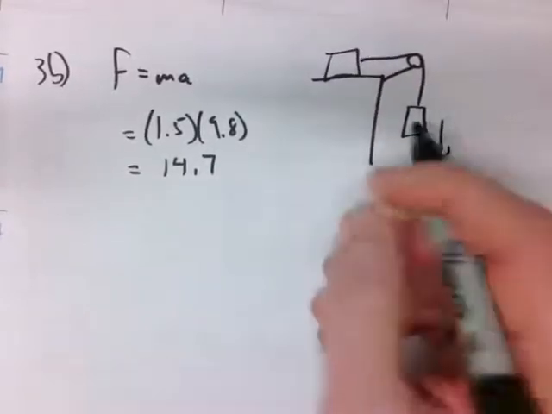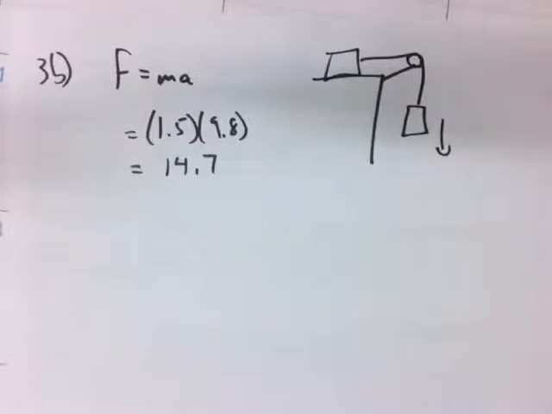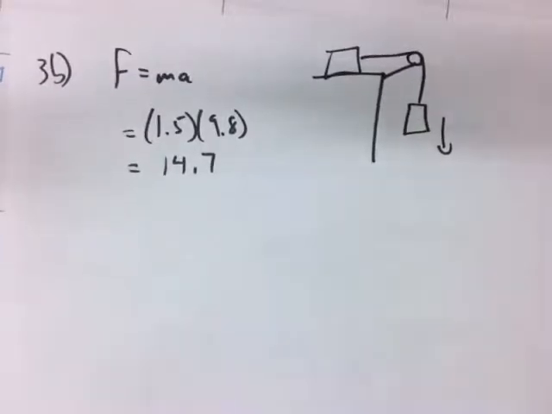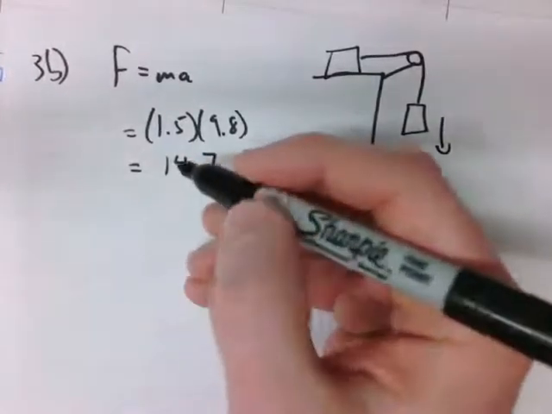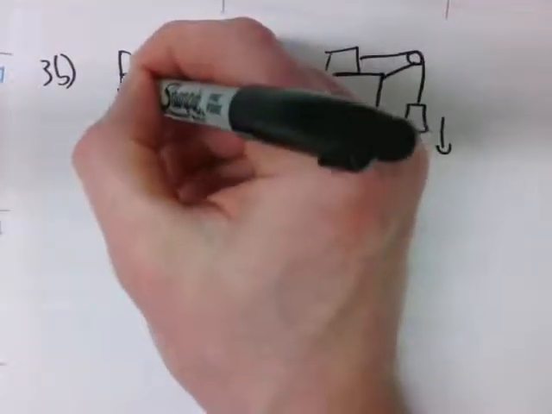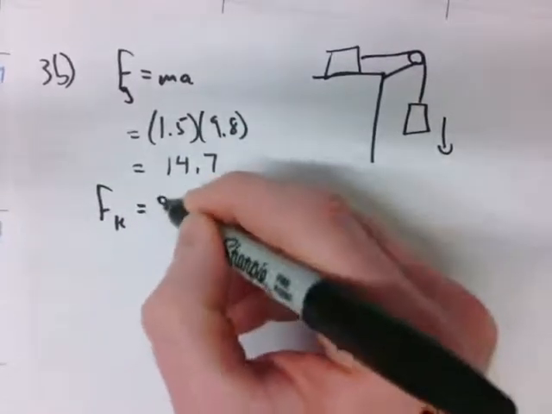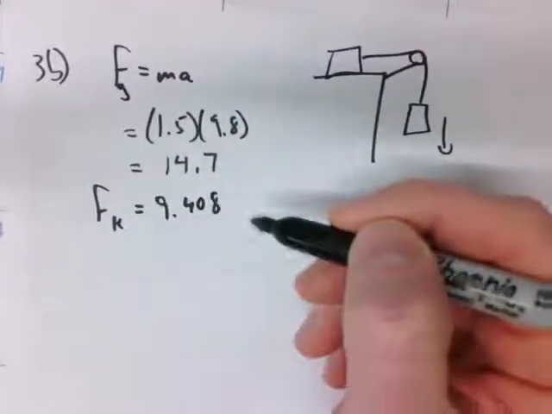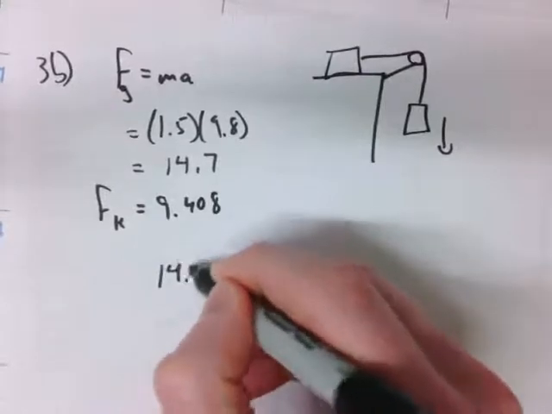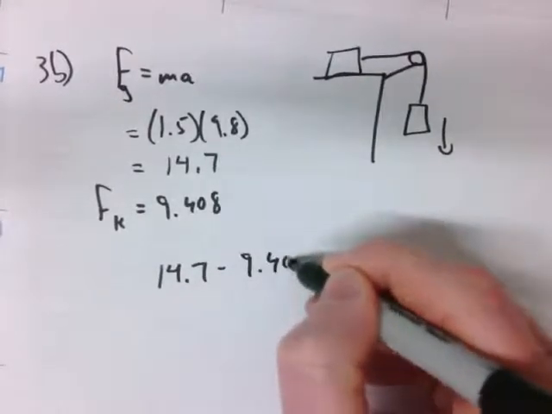Force of friction, I'm getting this other paper again, is 9.408. So this is, I'll say, the force due to gravity. Force of friction is 9.408. 14.7 minus 9.408.